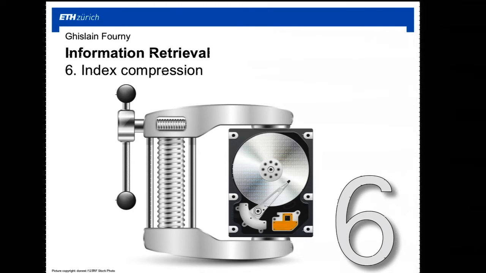So, where were we? Last week and the week before, we talked about index compression. After introducing the standard inverted index, we saw how hard it is to construct an index when it doesn't fit on a single machine, so we tried to find smarter solutions to deal with bigger collections.